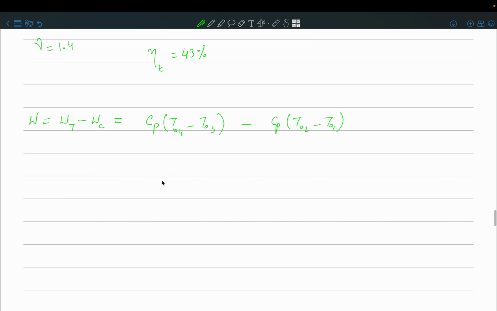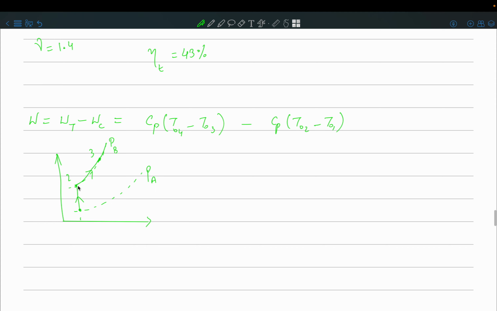Okay, so maybe I'll just redraw here. So in a Brayton cycle, we draw these isobaric lines, right? So let us say this is pressure A, and then you have another isobaric line which is PB. Okay, so you're going in a compressor from state 1 to state 2, so you are increasing the pressure from A to B, and then there is isobaric combustion from 2 to 3, and then from 3 to 4.